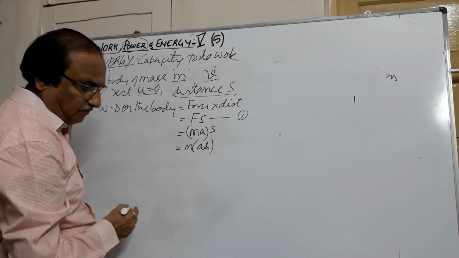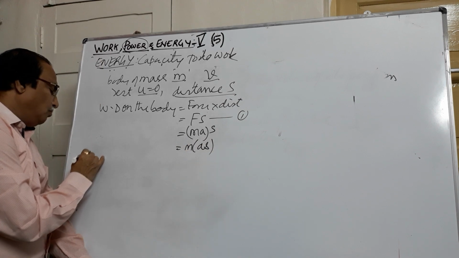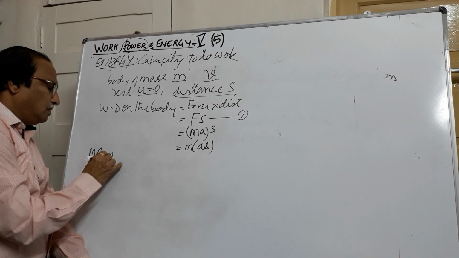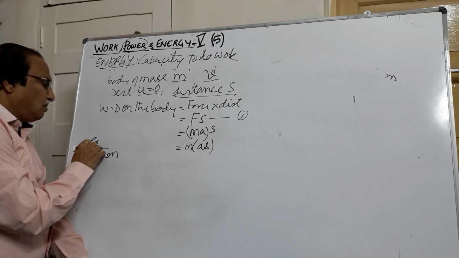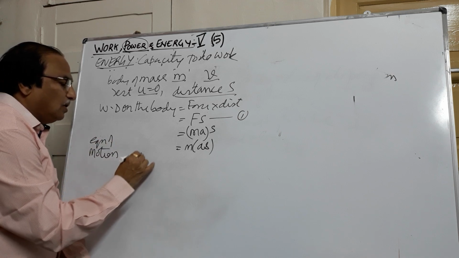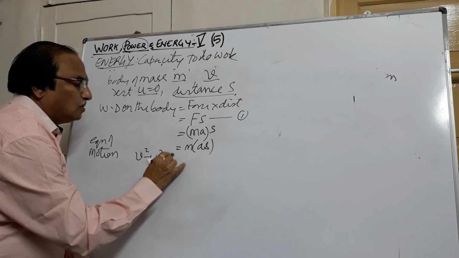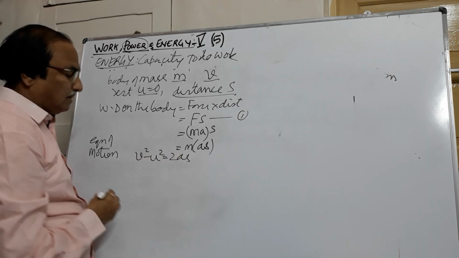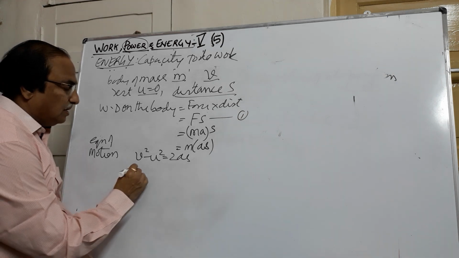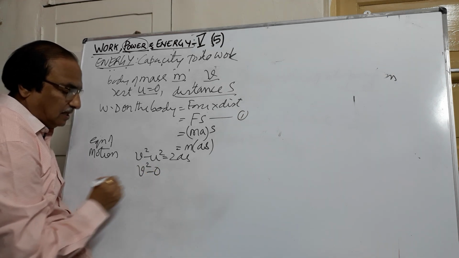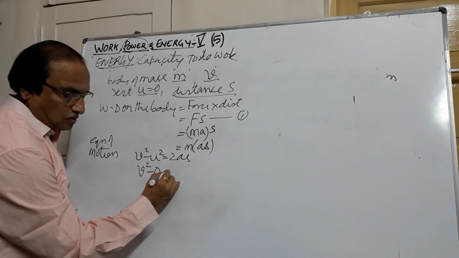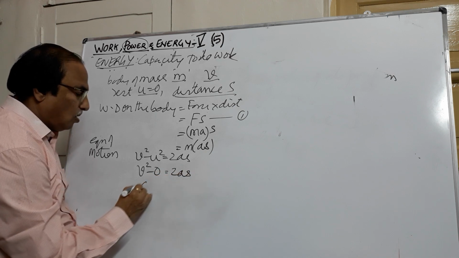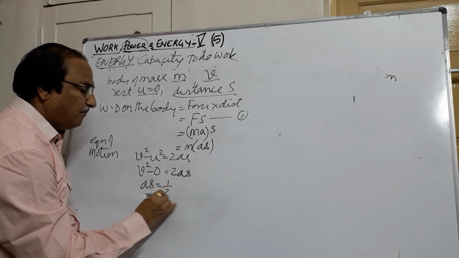We are going to a particular form here from the equation of motion. We have got v square minus u square is equal to 2as. We have got initial velocity as 0, so this will be equal to 2as, or as I can write it as half v square.